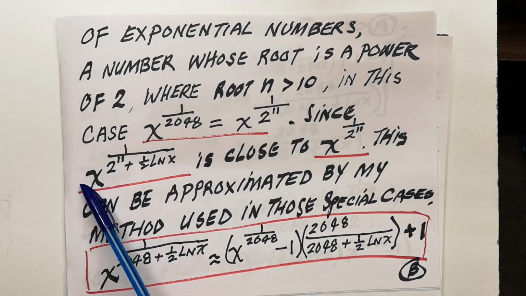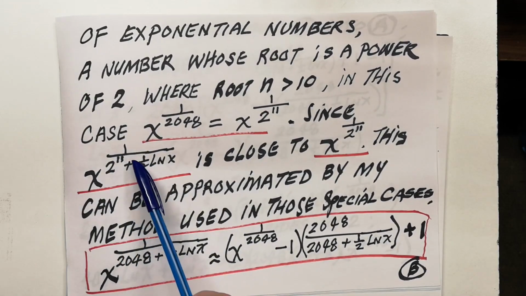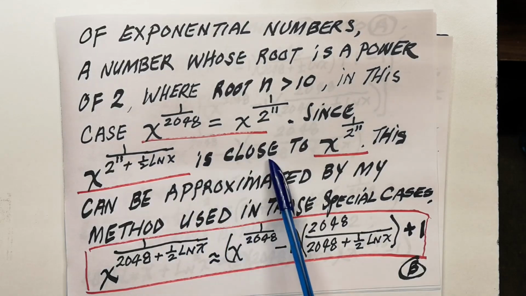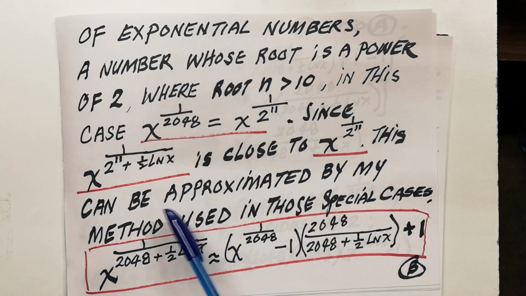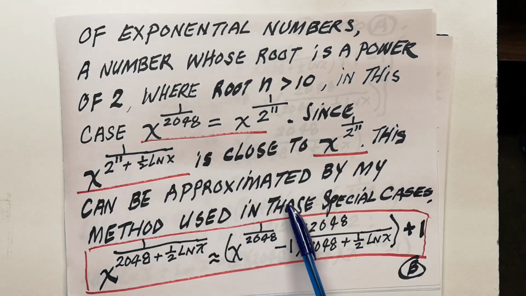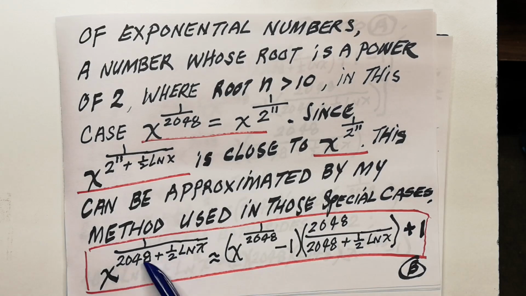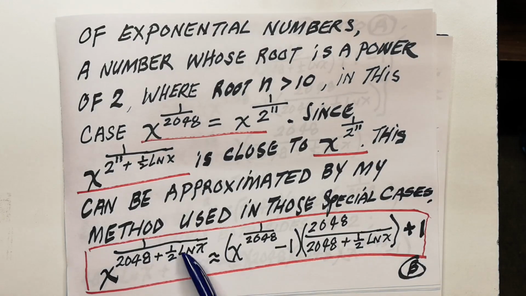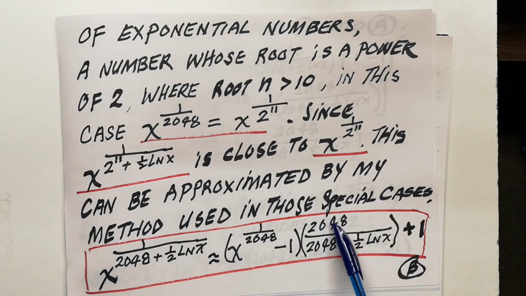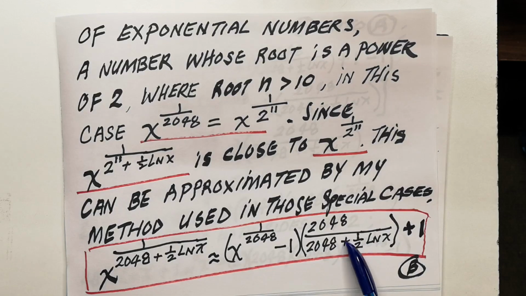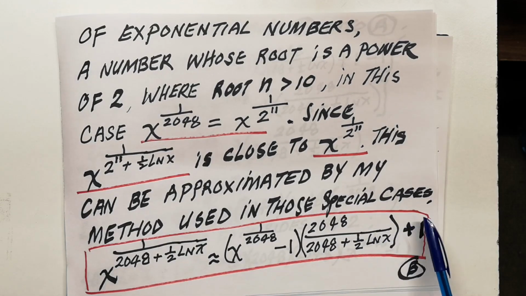Since x raised to the 1 over 2 raised to the 11 plus 1/2 of ln of x is close to x raised to the 1 over 2 raised to the 11, this can be approximated by my method used in those special cases, wherein x raised to the 1 over 2048 plus a small number 1/2 of ln of x is approximately equal to x raised to the 1 over 2048 minus 1 multiplied by this ratio of 2048 divided by 2048 plus 1/2 of ln of x, plus 1.